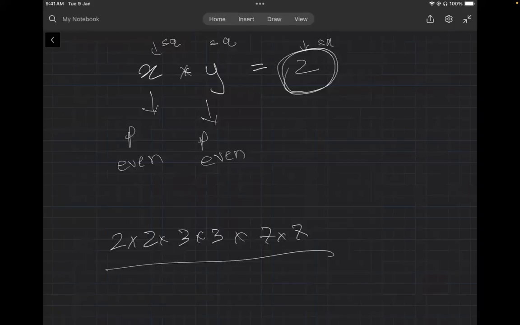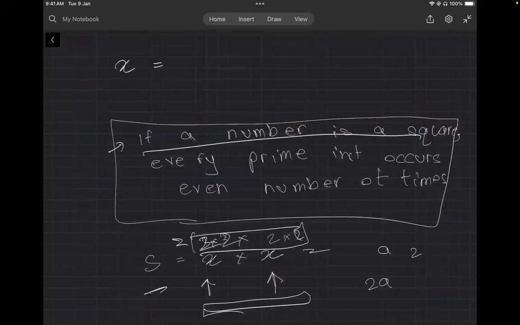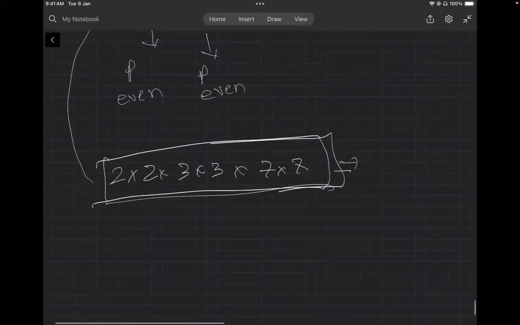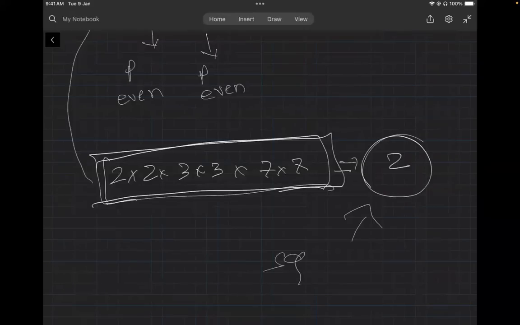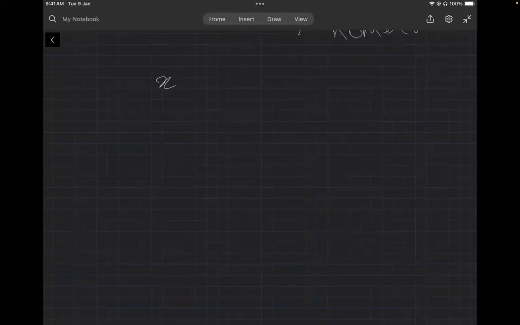If I multiply this, don't you agree that in my new number everything will occur an even number of times? And going back to our definition, if a number is a square, every prime in it occurs an even number of times. Hence, since every prime occurs an even number of times, this z that we formed is also a square number. I proved it for you that if you have two squares and you multiply them, the result is also a square.